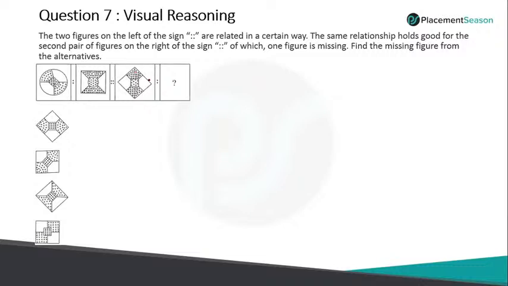If you rotate clockwise 45 degrees, the outer side will become a square, and the diamond will become a square, and this will become the inner diamond type, right? So the inner stars will go outside, the outer dots will come inside. That's what logically we can derive, right?